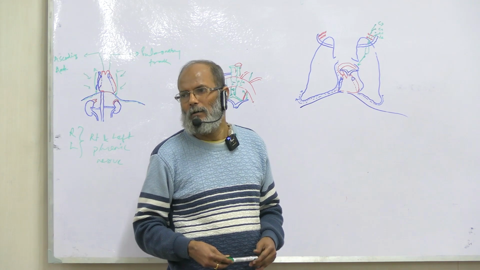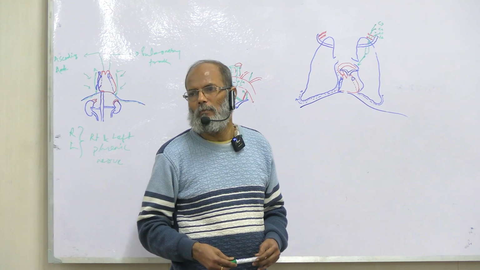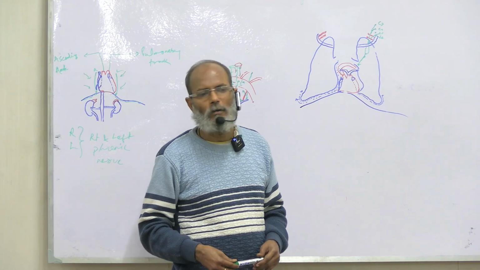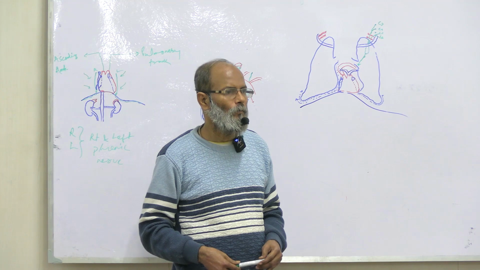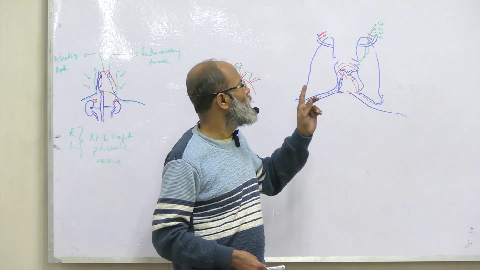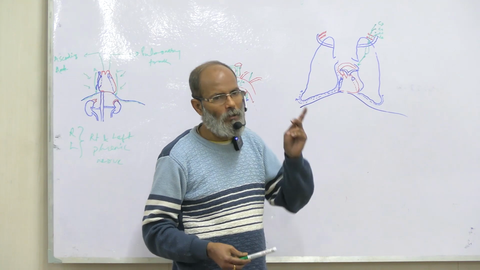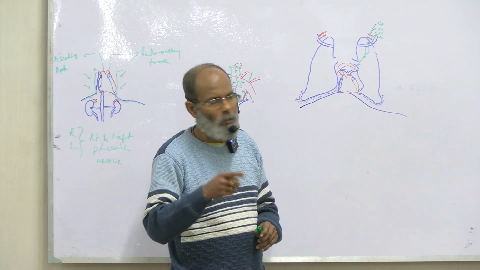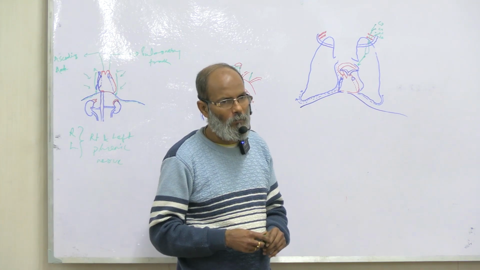Why is the nerve supply to the diaphragm coming from the C3, C4 and C5 roots? Any idea? You see the C3 and C4 roots join in front of the scalenus anterior, and the C5, C6 root supplies the subclavius.